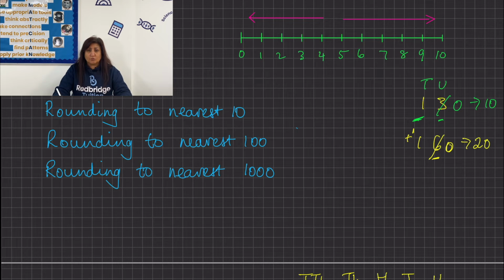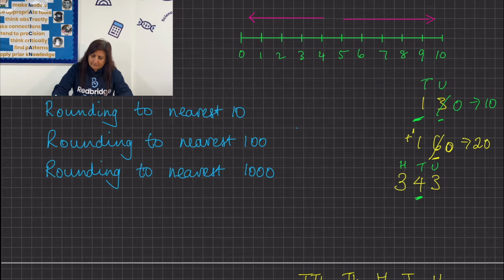That same rule applies all the way through. If you've got a slightly bigger number, let's say you've got 343 and you need to round that to the nearest 10, your rule's still the same. You still go to your tens column and you only look at whether you round up or down to the column on the right of that, in this case the 3 again.